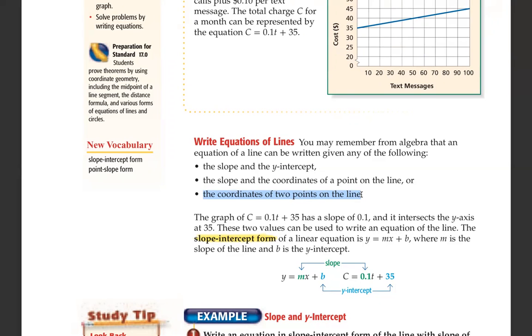So if you're given point A and point B, each with a different ordered pair, then there is a line that can connect them. Therefore, that line has an equation and we can make an equation of that line based on the ordered pairs that represent points A and B.